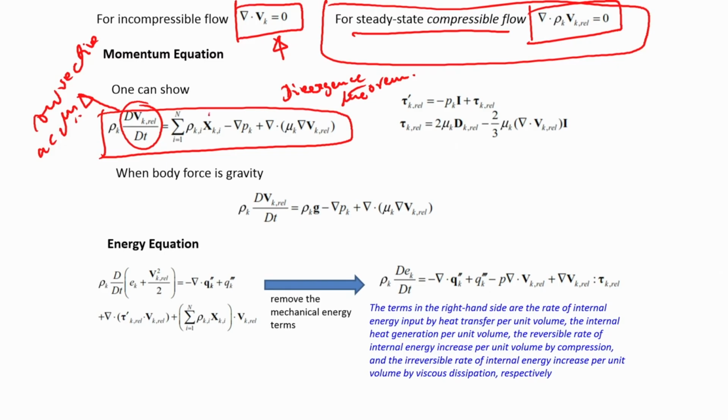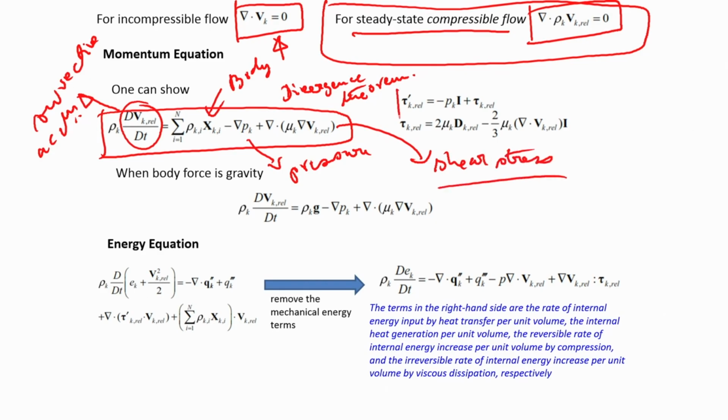Okay. This is the body force term that we already know. Okay. This is the pressure, and this is basically nothing but the shear stress term. Now, this you did not see earlier because we only defined something called tau prime k relative, right. That we said was the total stress, if you recall.